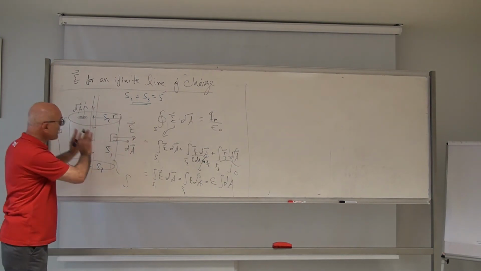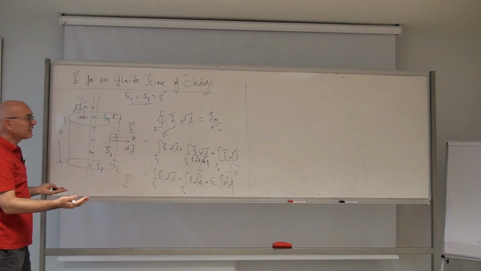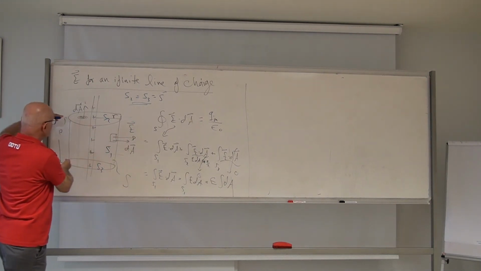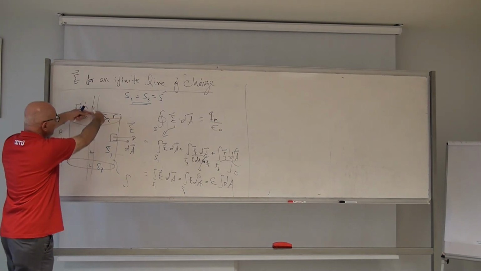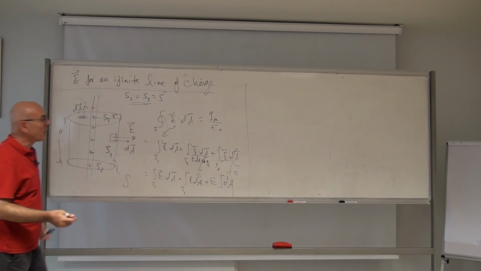So what is the area of this cylindrical surface? Well, if you unfold it, it is a rectangle whose area is the length L multiplied by the circumference of the circle, which is 2 pi r.